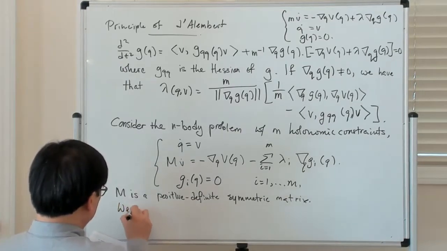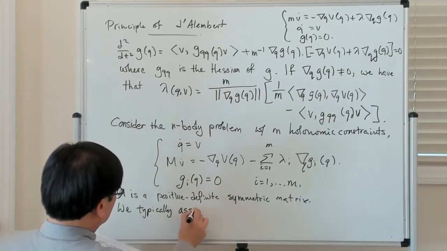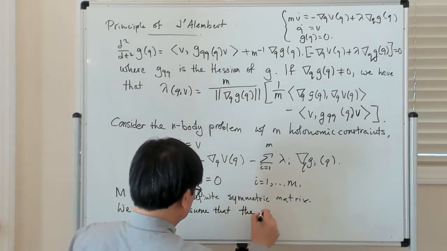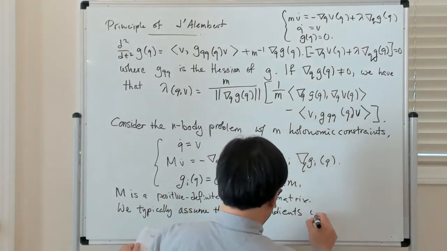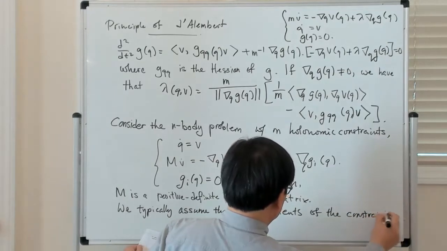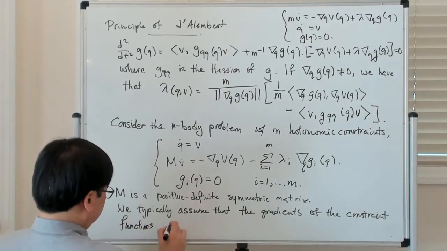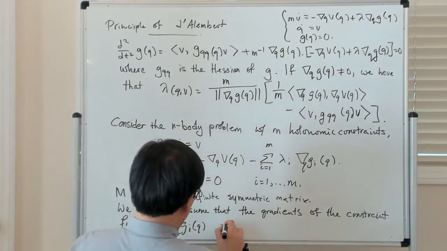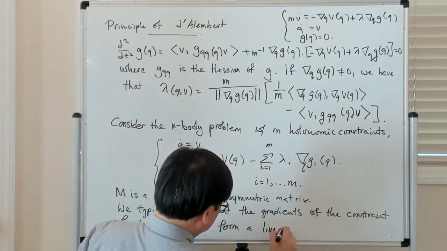So we typically assume that this gradient_q g_i(q) term forms a linearly independent set.